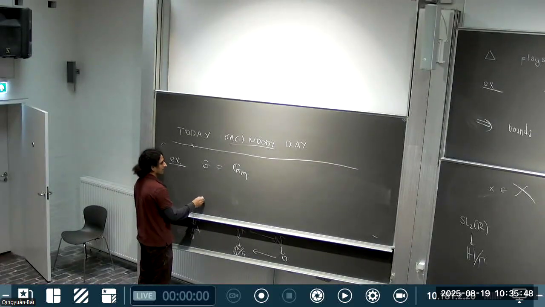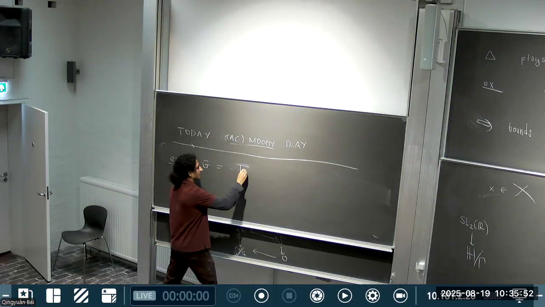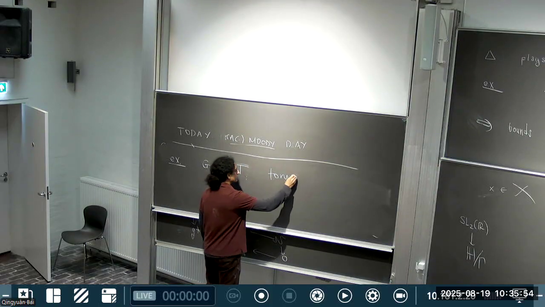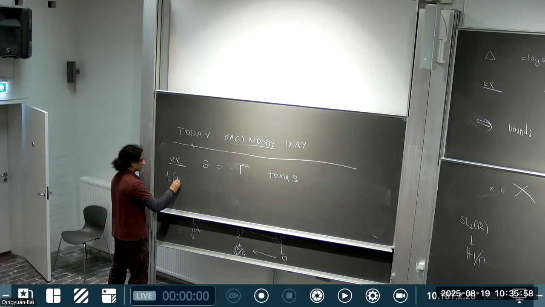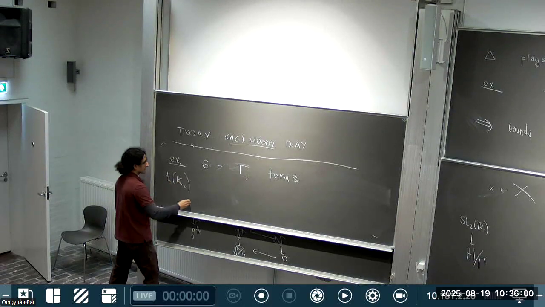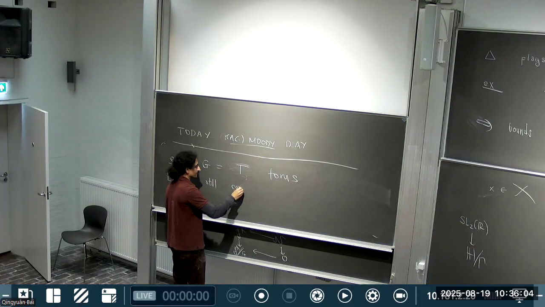Okay, so G is G_m. In fact, we need to be slightly fancier. Suppose G is the torus, then this thing is still just a vector space.